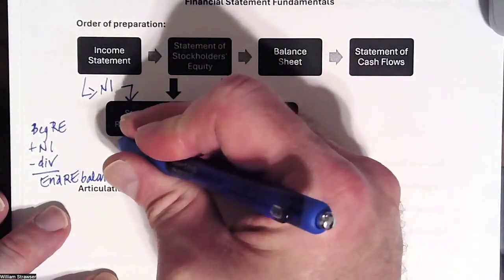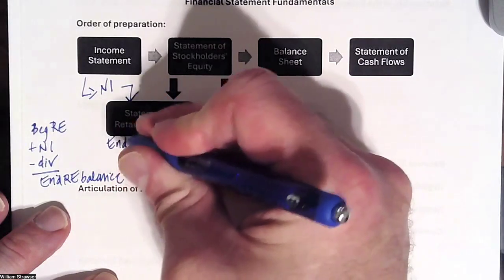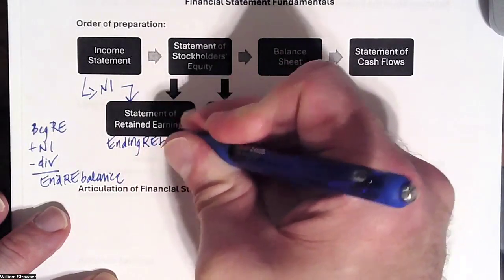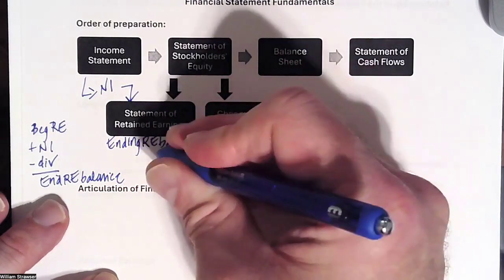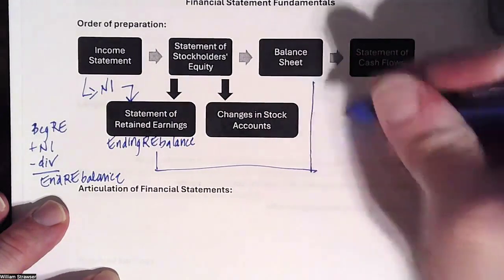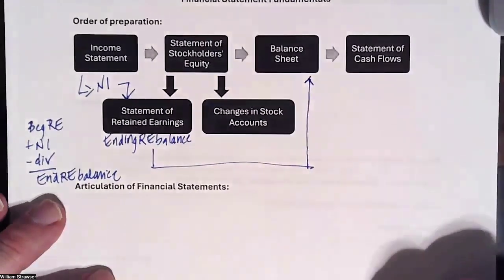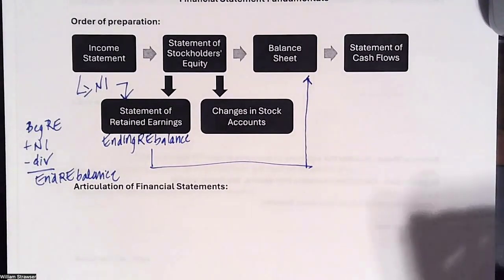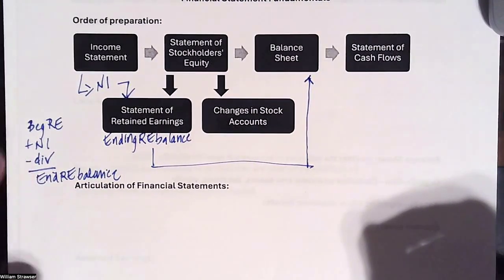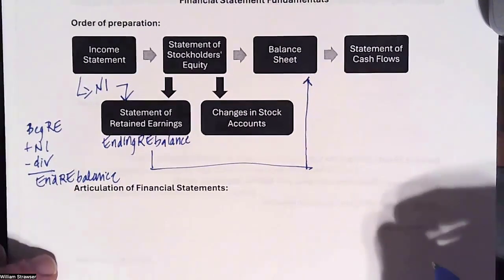So this ending RE balance then is carried over into the balance sheet. That's what we want to put as our closing balance for retained earnings on the balance sheet, whatever this was after we added net income and subtracted dividends from our beginning amount.